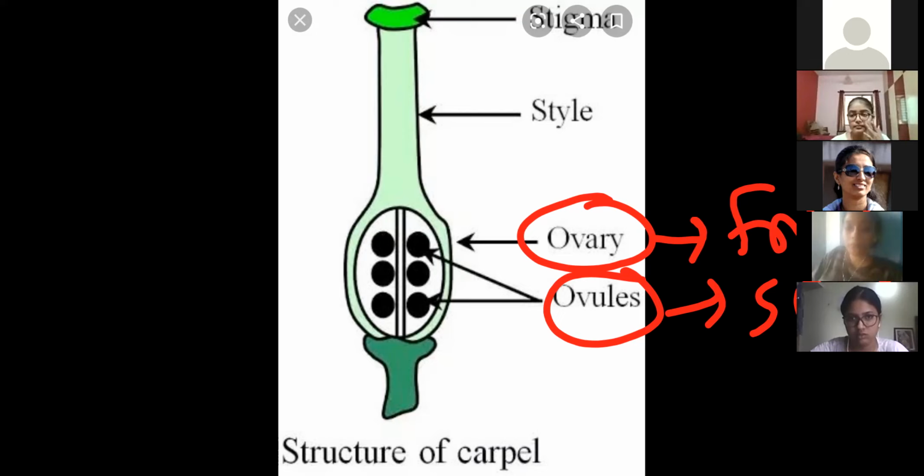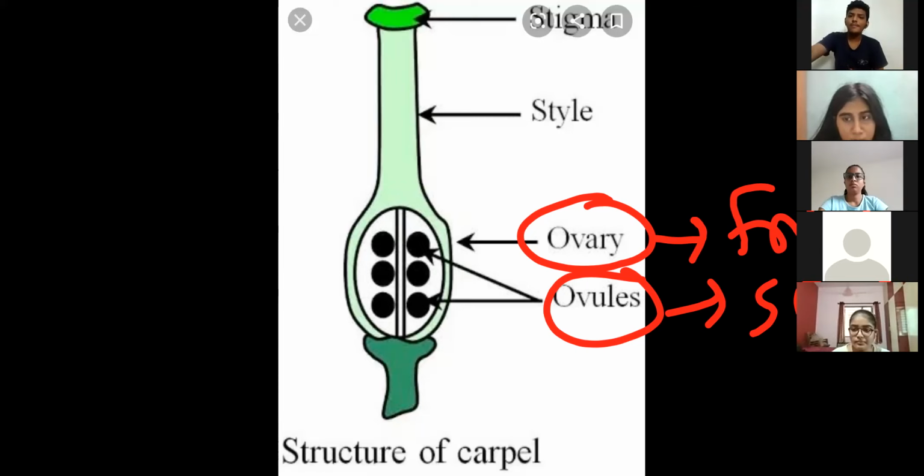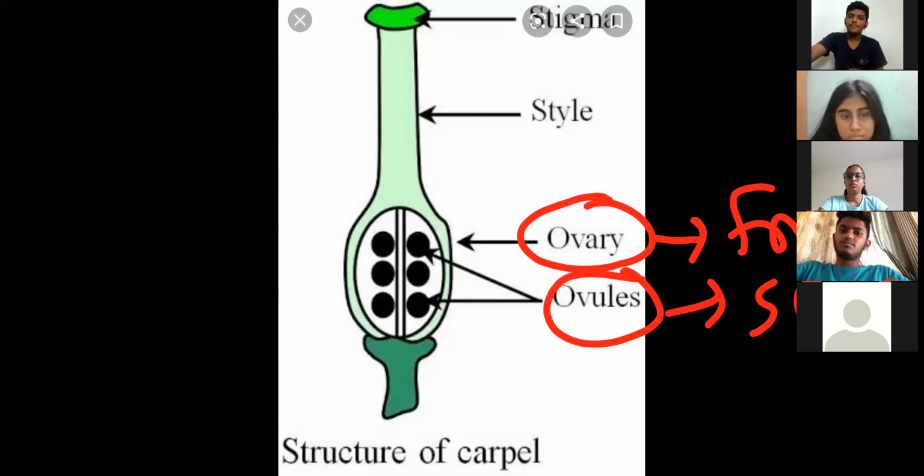So in that case, do you know any fruit in which only a single seed is present? Ayushi, tell me. Mango. Yes, correct. Mango, right?